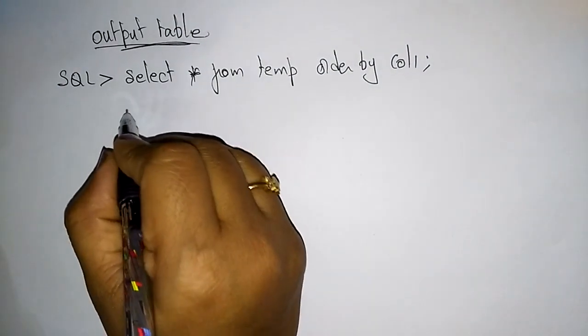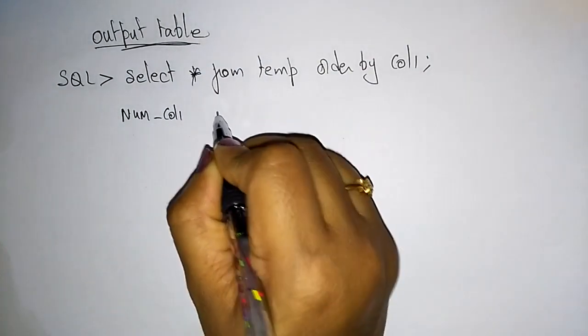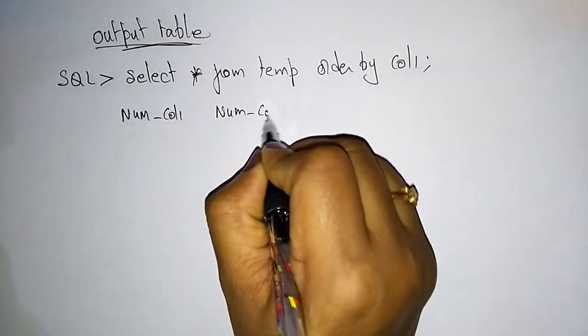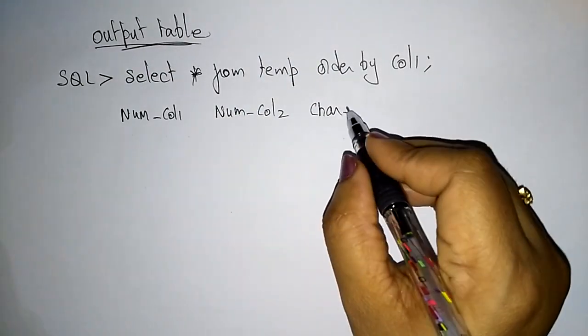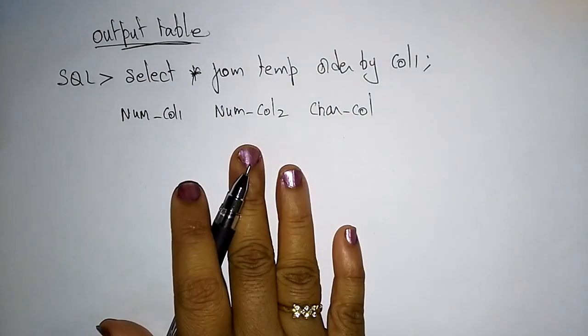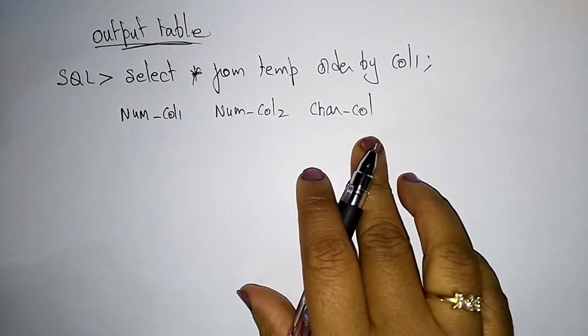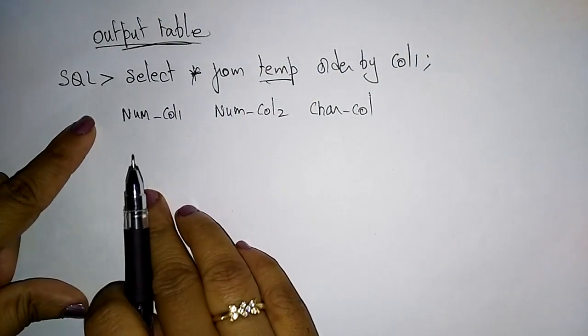The temp table consists of the fields num column 1, num column 2, and a character column. These are the field names, the attribute names, in that temp table. It should be ordered by column 1.